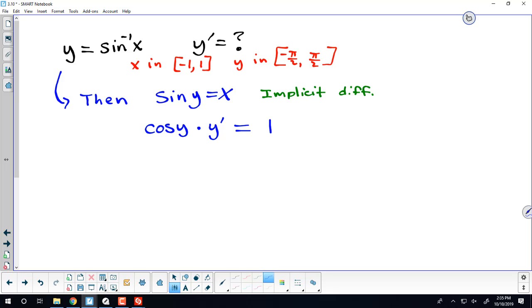And then we solve for y prime. So we know that y prime is 1 over cosine y. But the issue here is we need cosine y in terms of x.